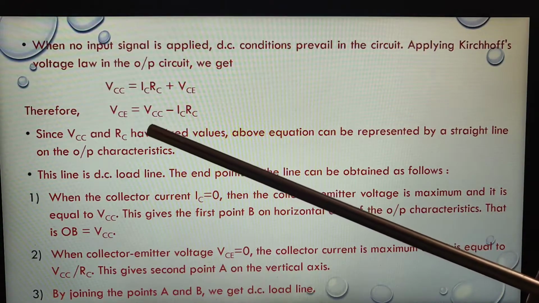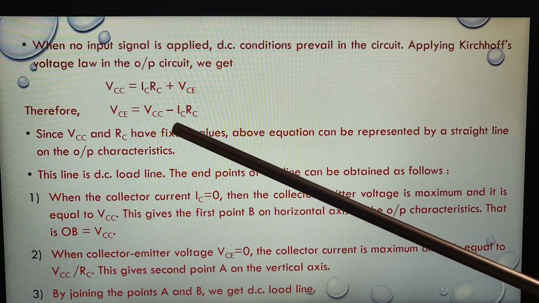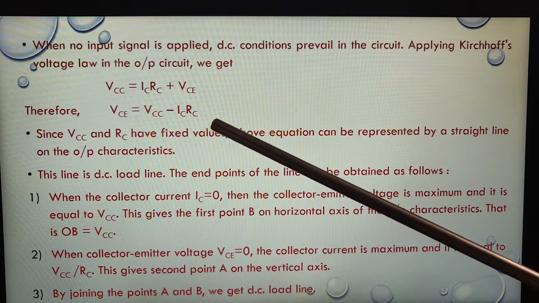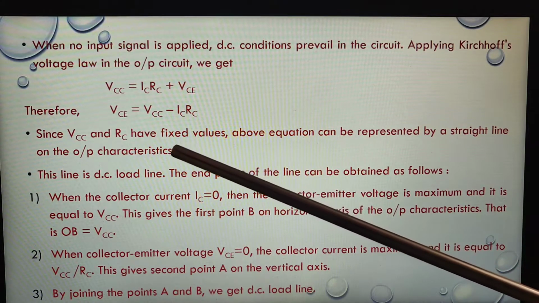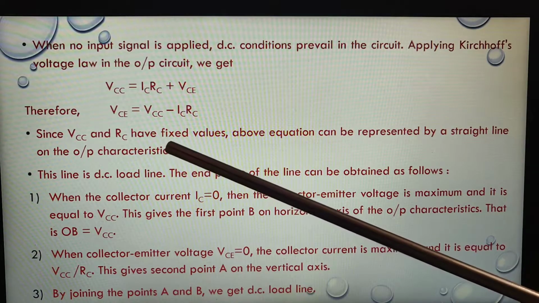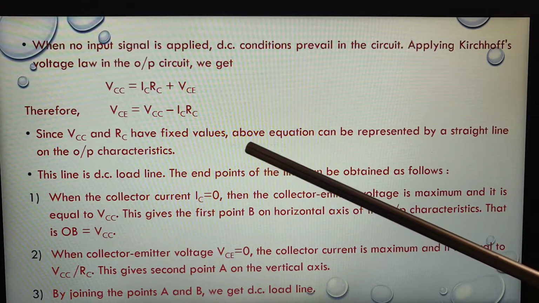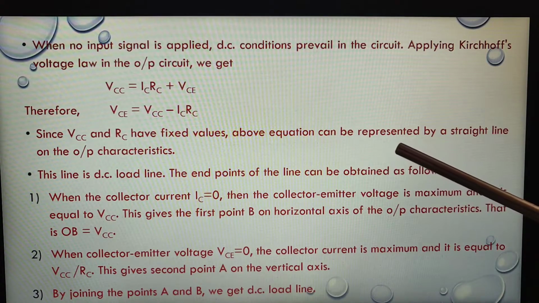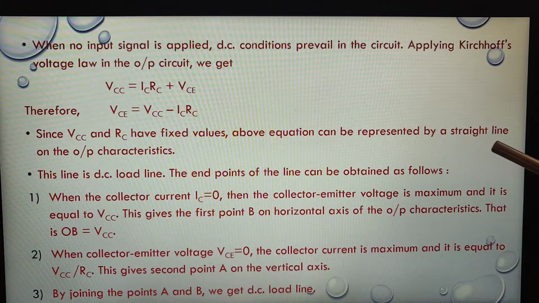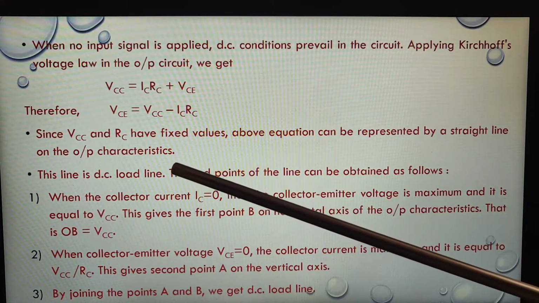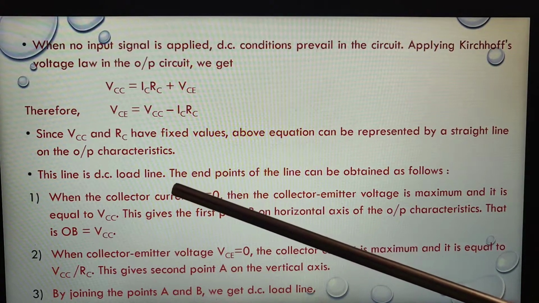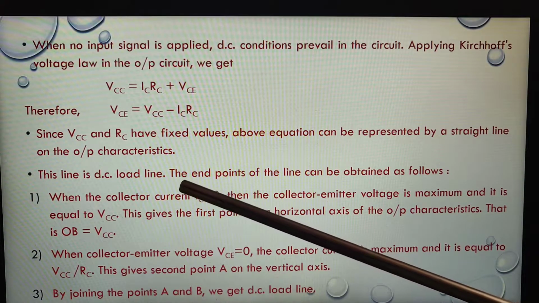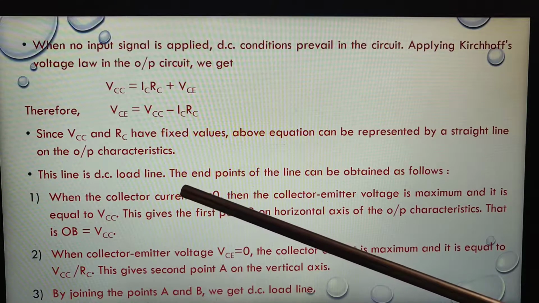Therefore we take VCE equal to VCC minus IC RC. Since VCC and RC have fixed values, the above equation can be represented by a straight line on the output characteristics. This line is DC load line.